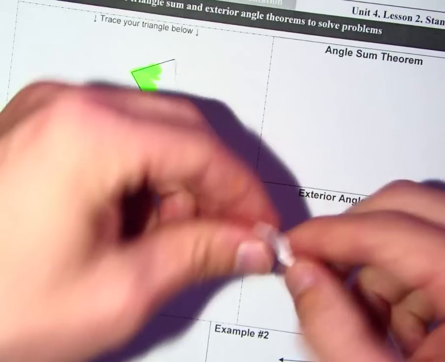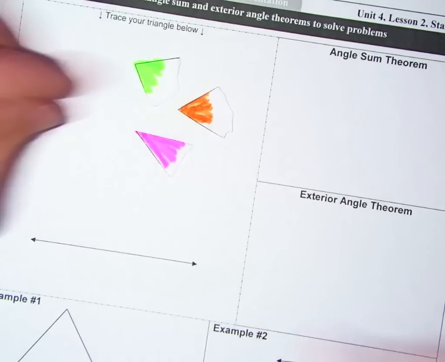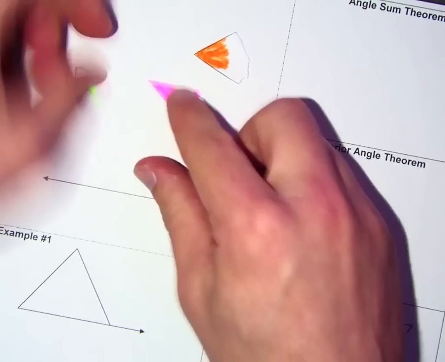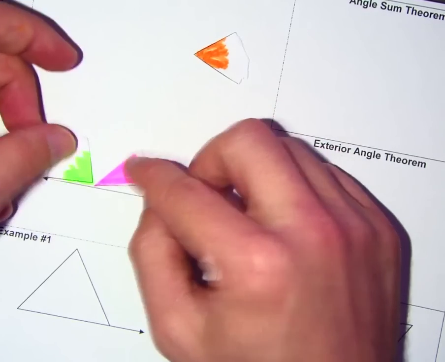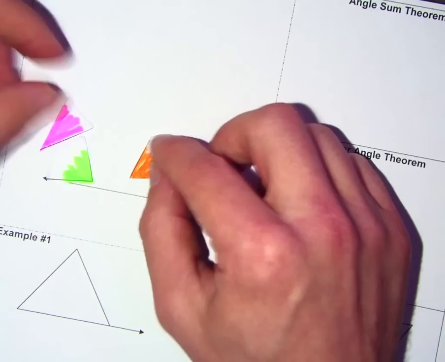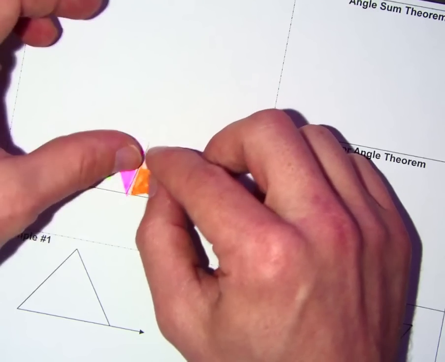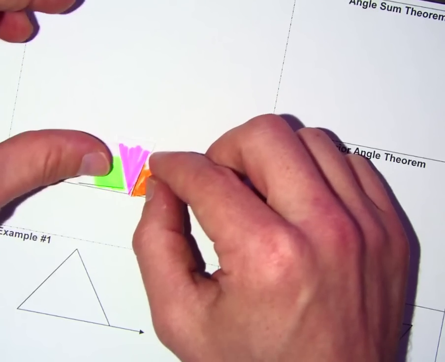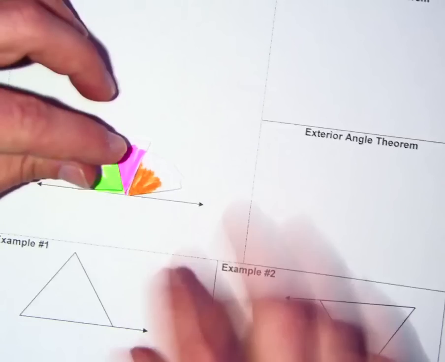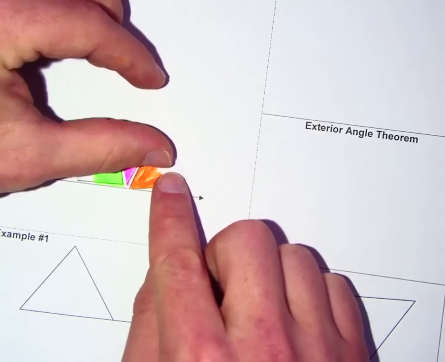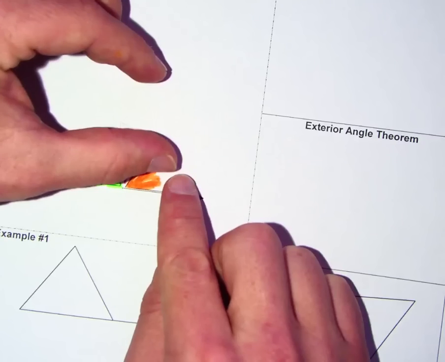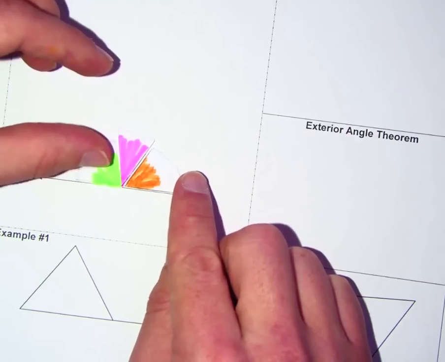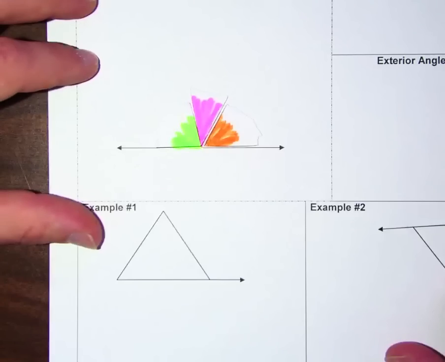So here are the three angles. And if you take them and put them right here, you notice that on this straight line, they work out to be what?